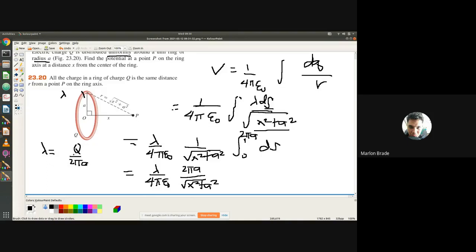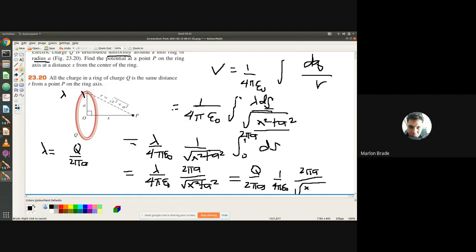So I can rewrite it as Q over 2 pi a, over 4 pi epsilon naught, and the 2 pi a cancels, over the square root of x squared plus a squared.